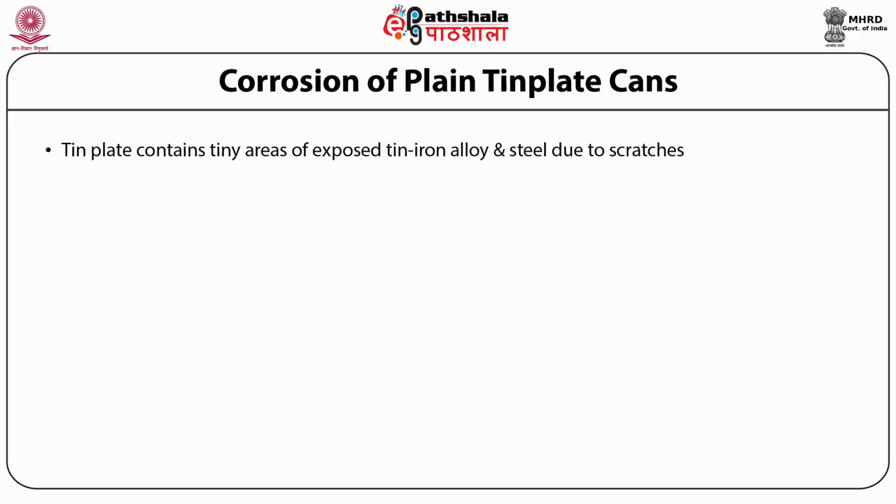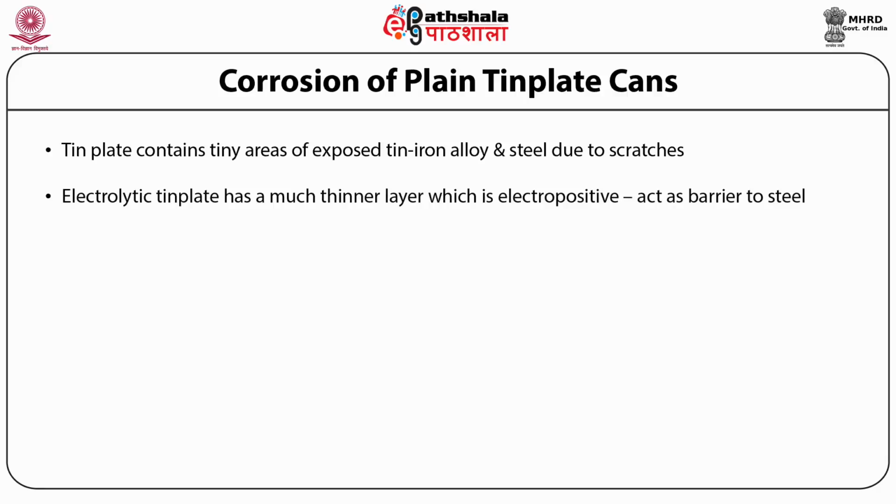The tin plate surface consists of large area of tin and tiny areas of exposed tin iron alloy and steel as a result of scratches in the tin coating. Hot dip tin plate has a considerable tin iron alloy layer.